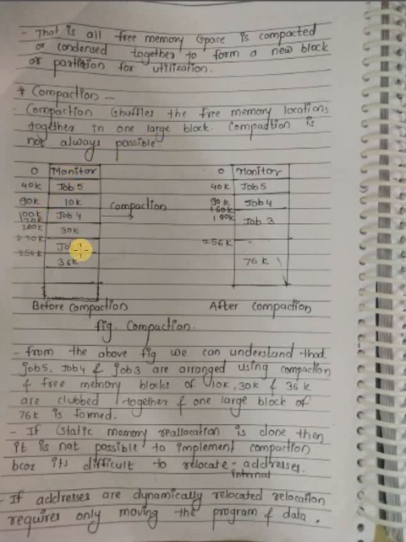Suppose in a memory there are three processes, job 3, job 4 and job 5. After job 5, 10K is free. After job 4, 30K size of memory is free. And after the job 3, 36K memory is free.